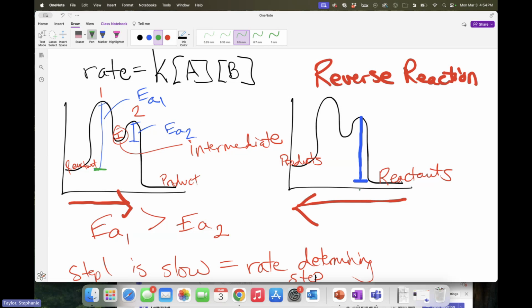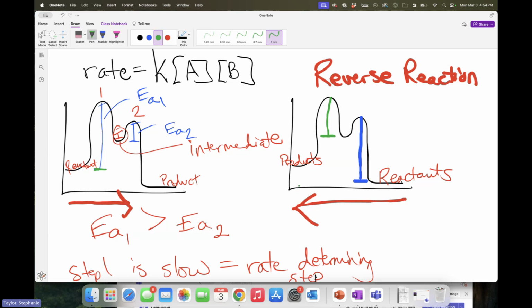But what that does to the activation energy is very different. Similarly, for my activation energy for my second step on the reverse reaction, I start at that intermediate and I go to my transition state. So I still have two distinct activation energies, but they are different because I'm going now from right to left.